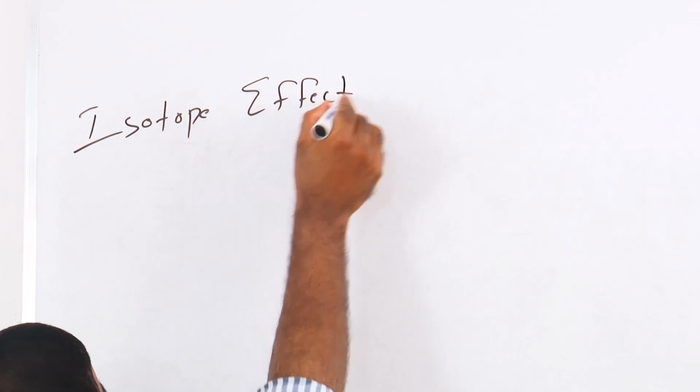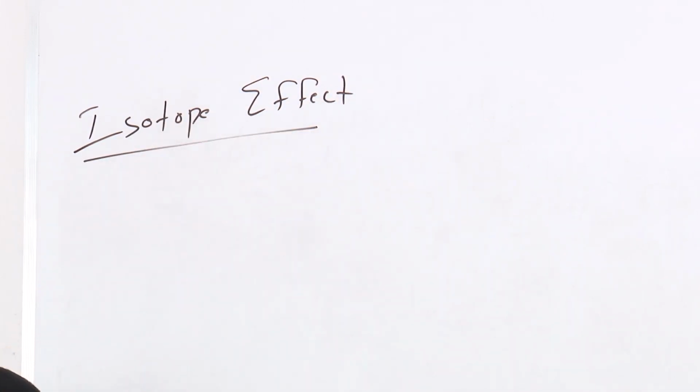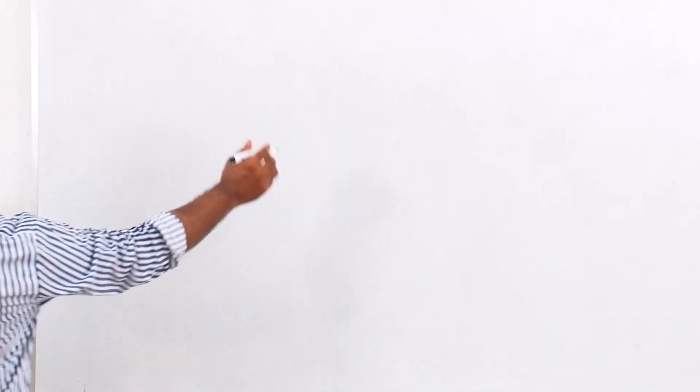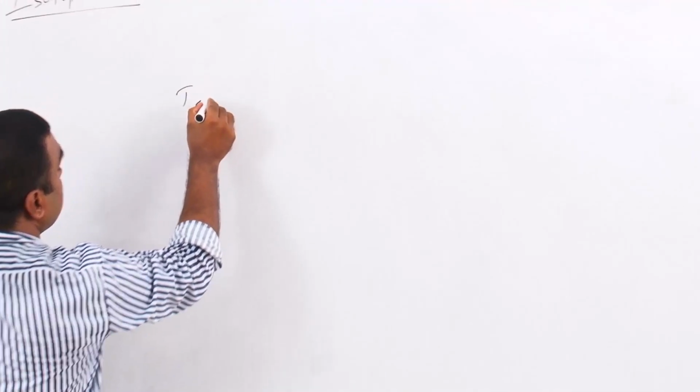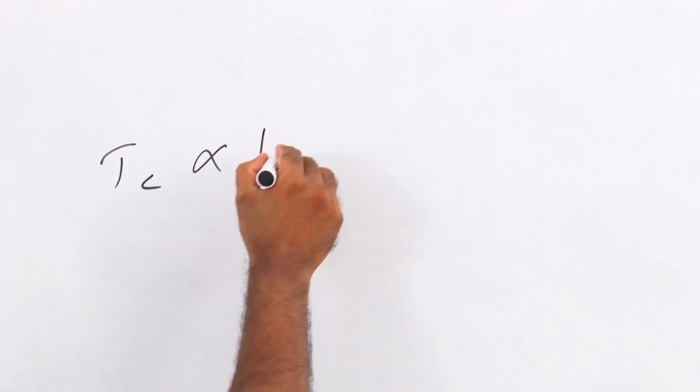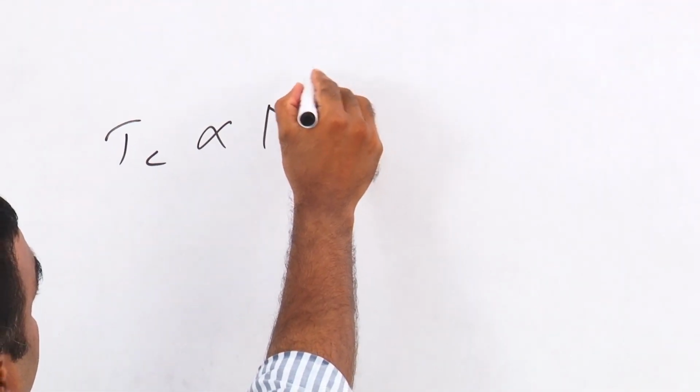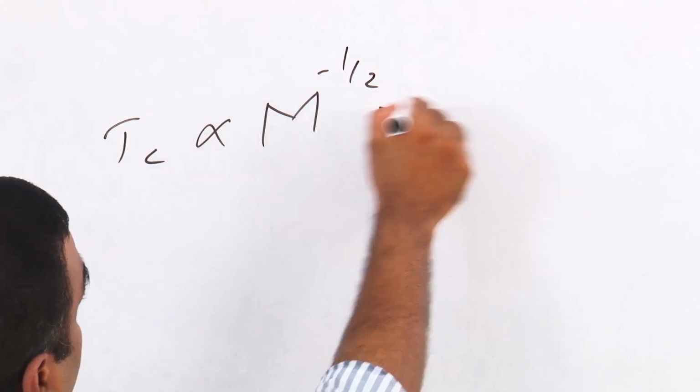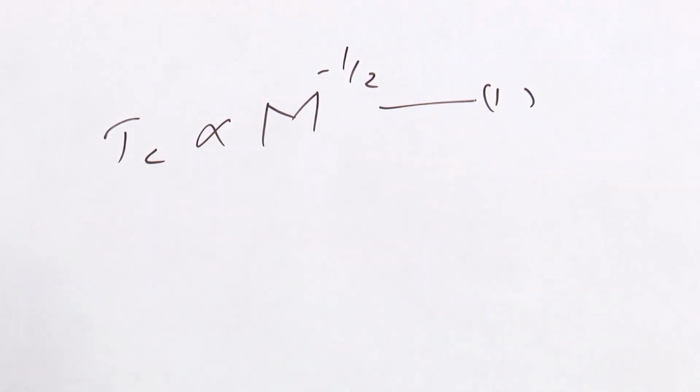Isotope effect. The critical temperature of a material is found to change with isotopes. For different isotopes, the critical temperature is different. Actually, the critical temperature Tc is directly proportional to m raised to minus 1 by 2, where m is the isotopic mass.